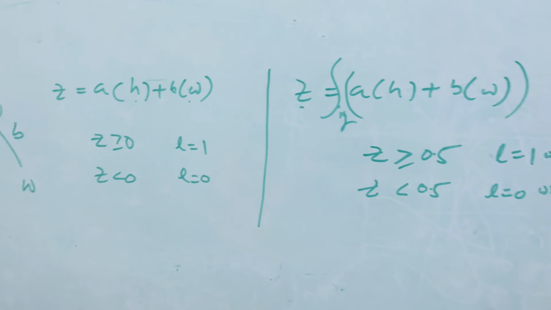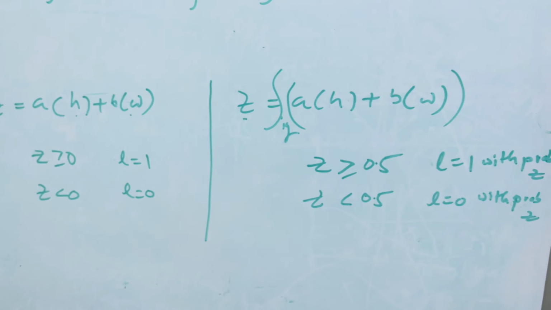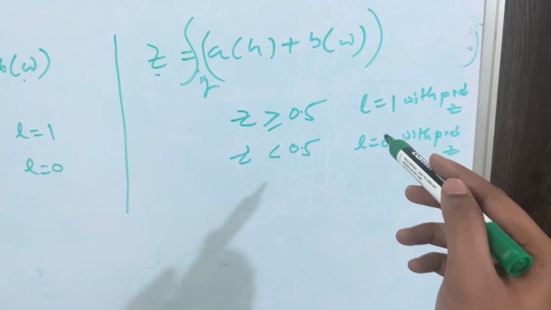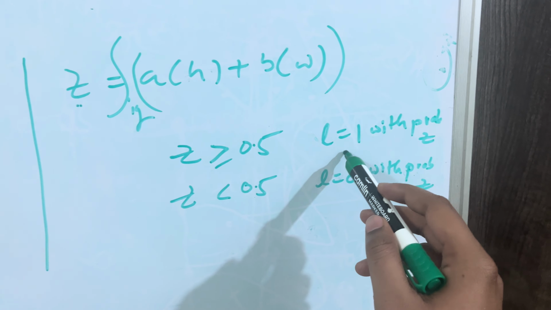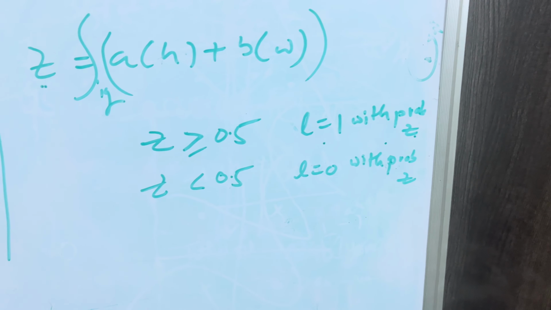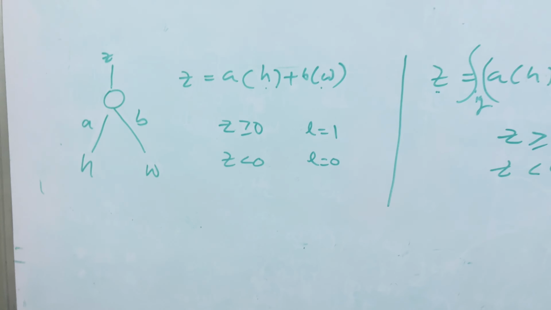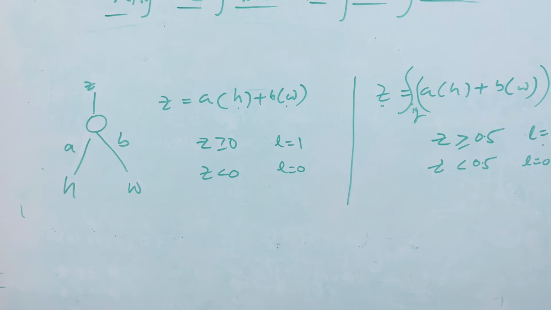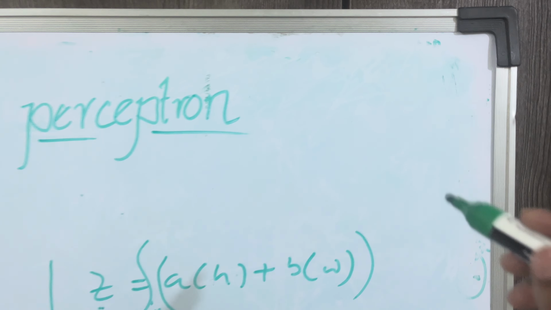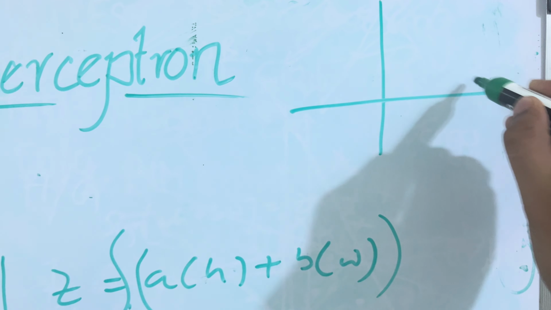So here they're not only saying which label, they are saying it with probability also. How does it actually work? Let's consider one example.